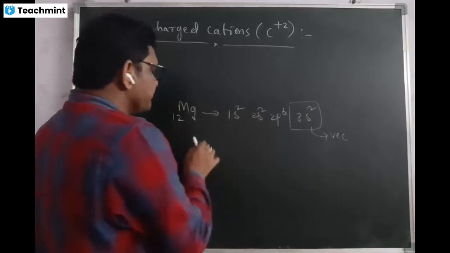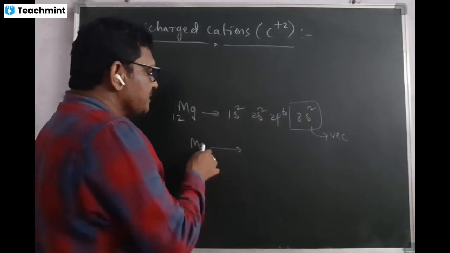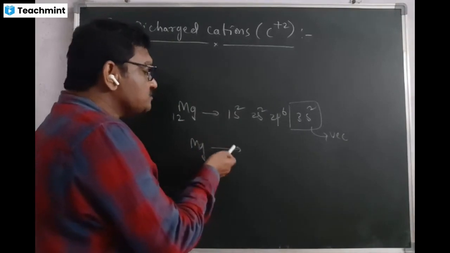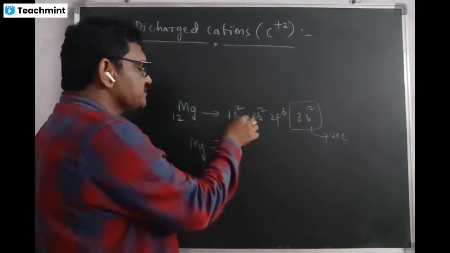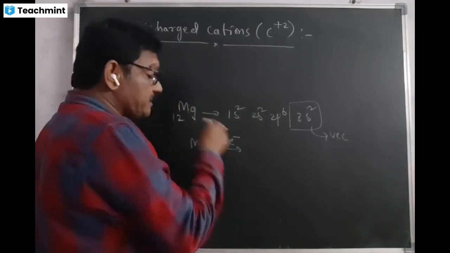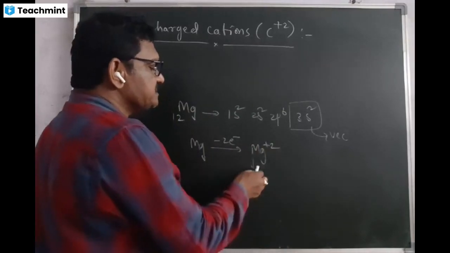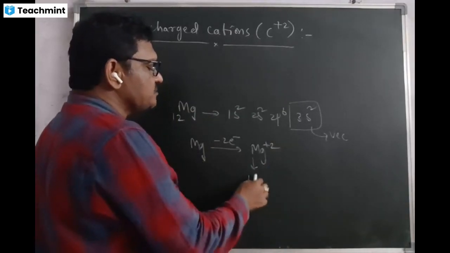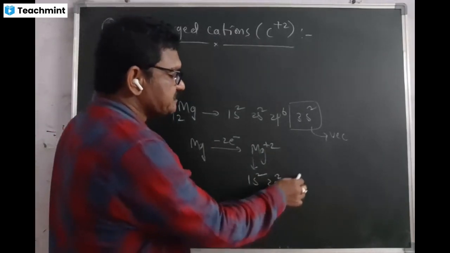So this magnesium, due to its electropositive character, has to lose 2 electrons, so that what happens? It becomes magnesium +2. So what is the configuration of magnesium +2? 1s2, 2s2, 2p6.